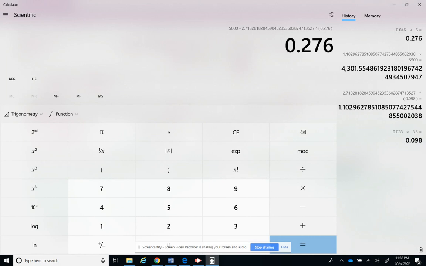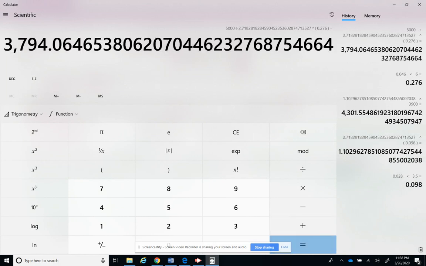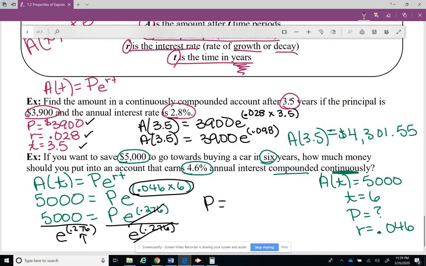Close your parentheses, press the equals button. $3,794.06. All right, so let's go write that. $3,794.06. That's how much that this person has got to put in the bank if they want to have $5,000 sitting in there in 6 years.